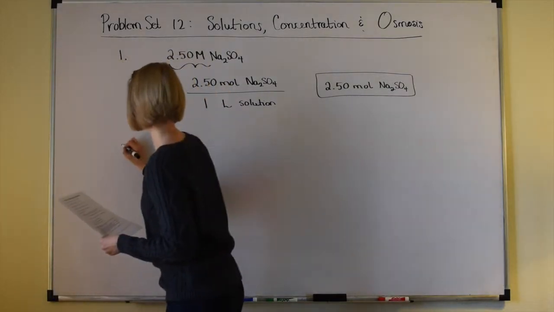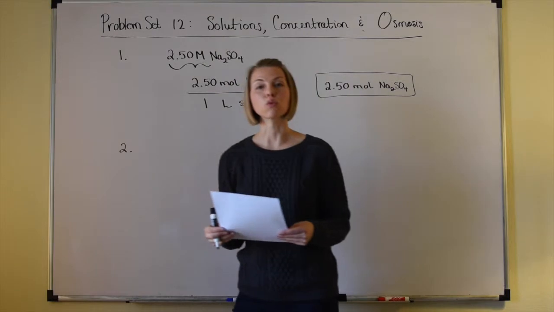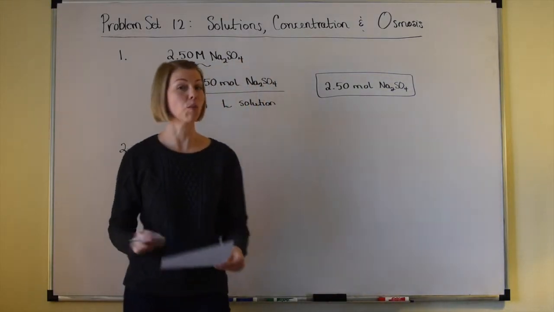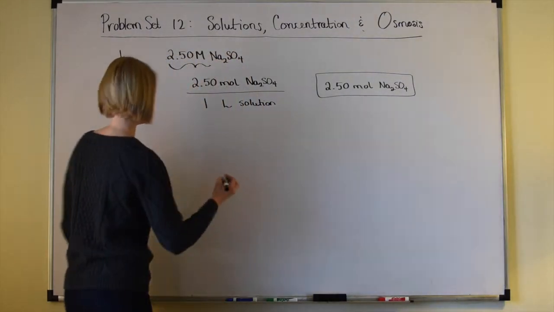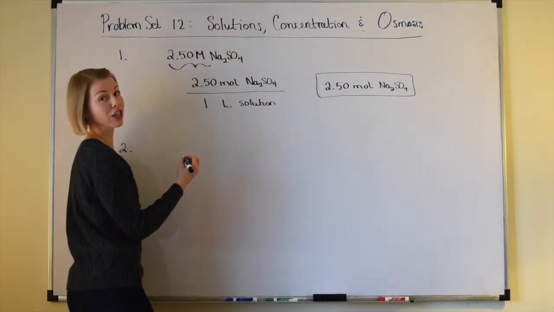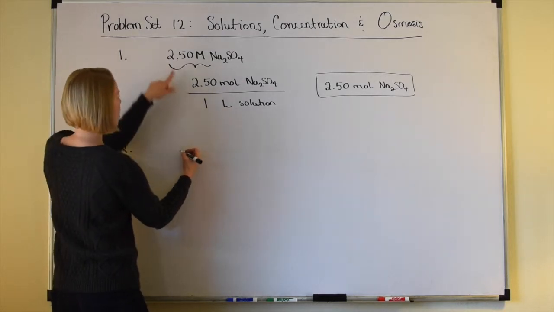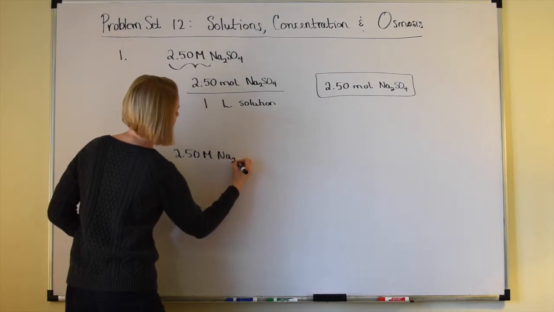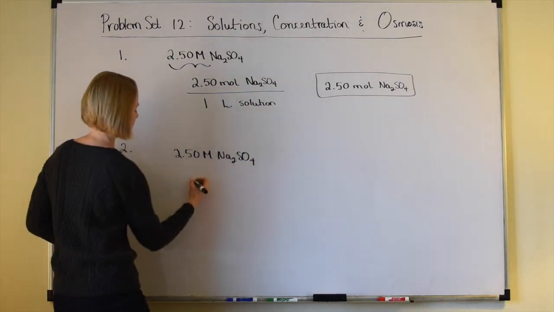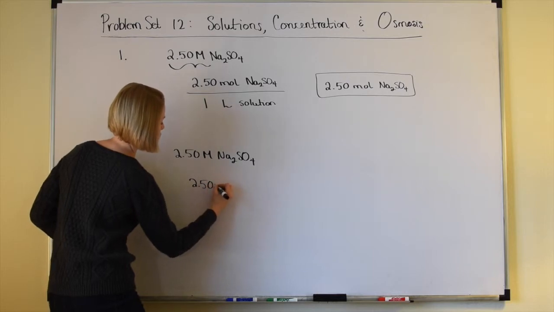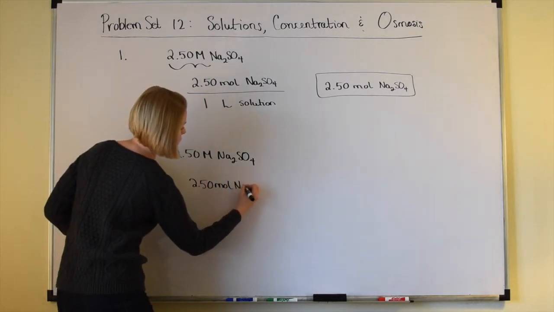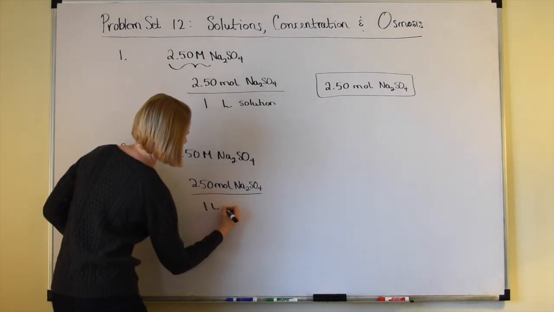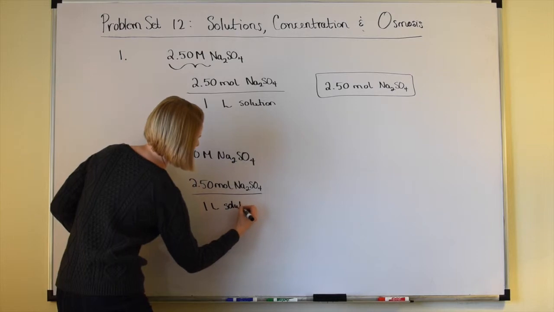Number 2, how many grams of sodium sulfate are in 1 liter of a 2.50 molar solution? Okay, so this time we're figuring out the number of grams. So again, 2.50 molar sodium sulfate means 2.50 moles of solute, sodium sulfate, in 1 liter of total solution.